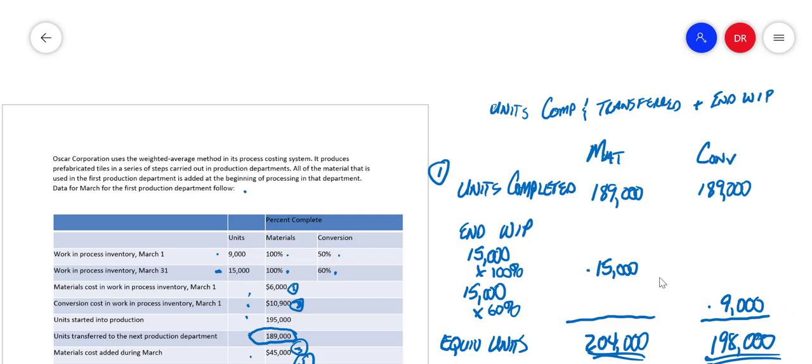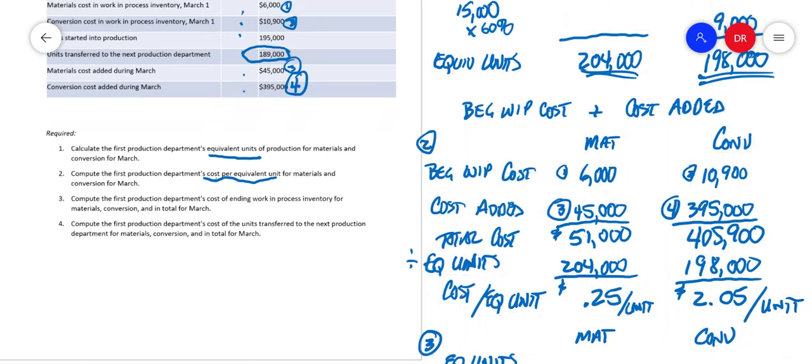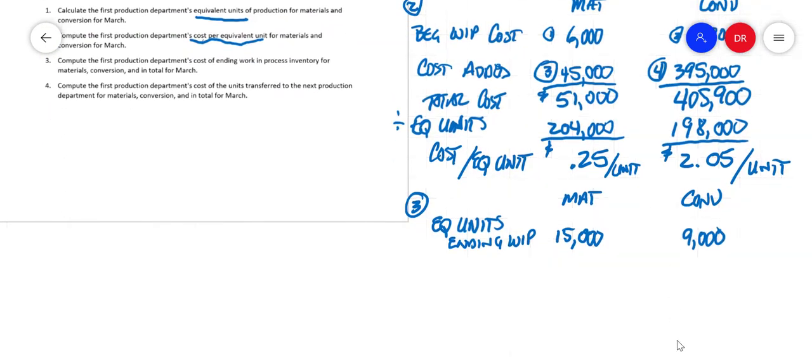We're going to take those numbers times the cost per equivalent unit for each. So we're going to have times the cost per equivalent unit of 0.25, which gives us 3,750.